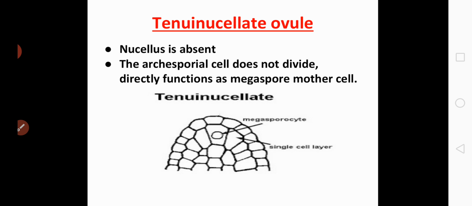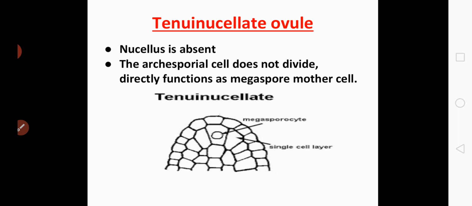In the crassinucellate type, this archesporium divides to form the primary parietal cell and the primary sporogenous cell, and the primary parietal cell divides to form parietal tissue or the nucellus, whereas the primary sporogenous cell forms the megaspore mother cell. Correct. But in tenuinucellate, this archisporial cell does not divide, but directly functions as the megaspore mother cell.